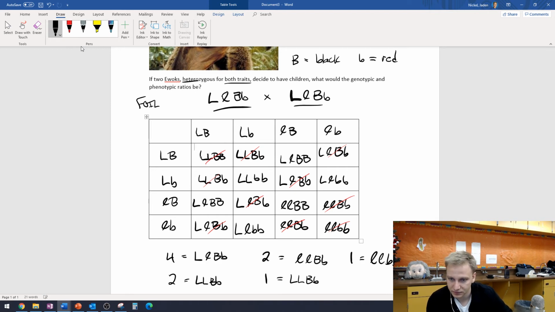The next thing we want to do is look at the rest of these and see what we're operating with.